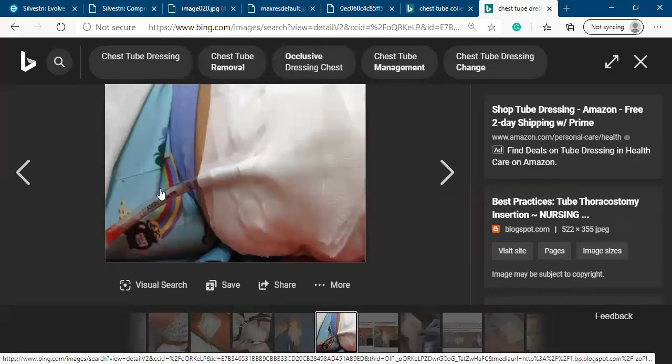And another one commonly asked by the NCLEX board, some of the information I can share with you: in what medical or emergency condition do we need to clamp the tube?